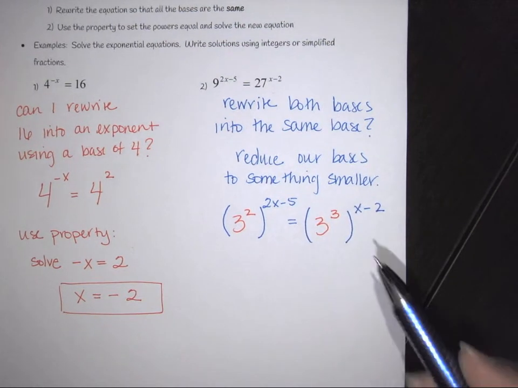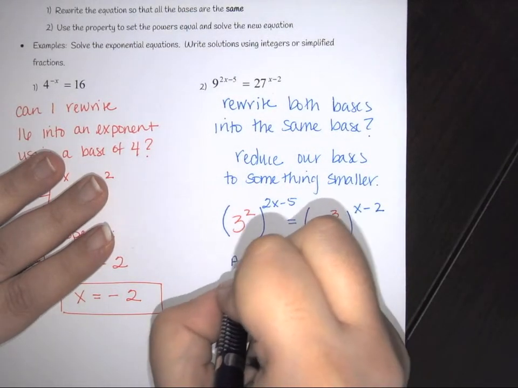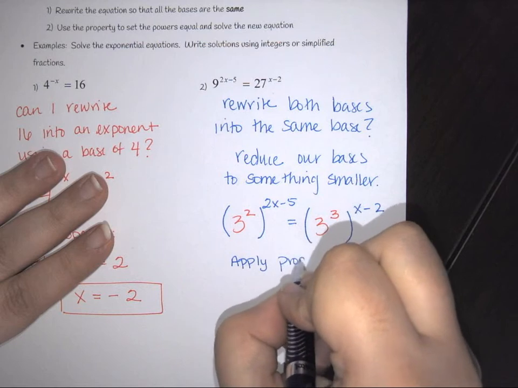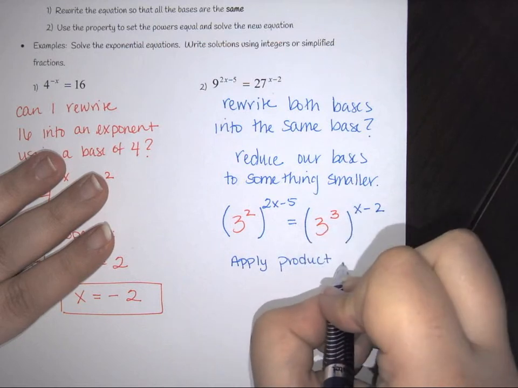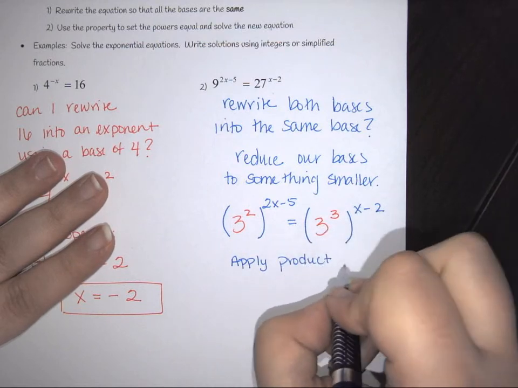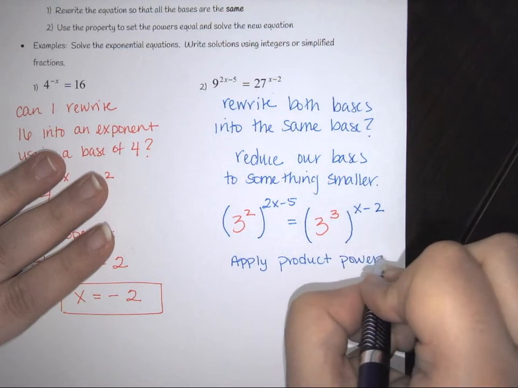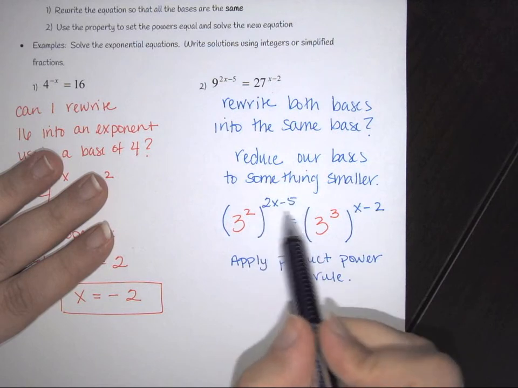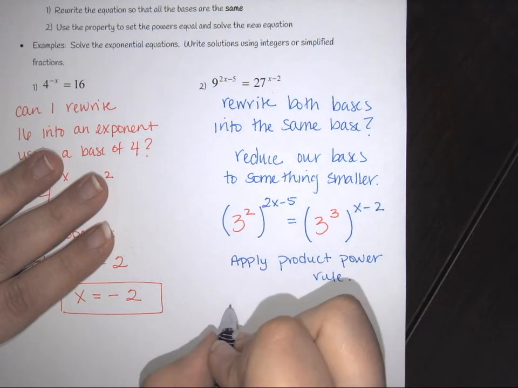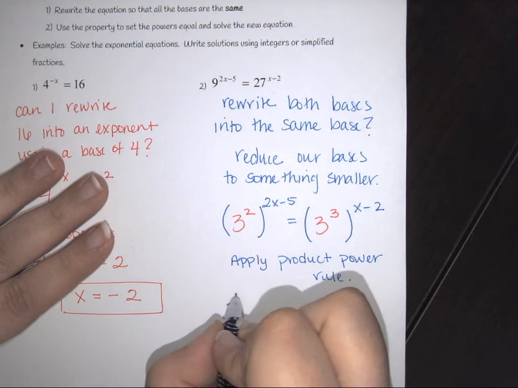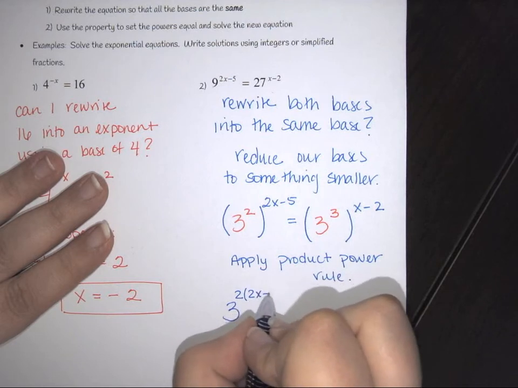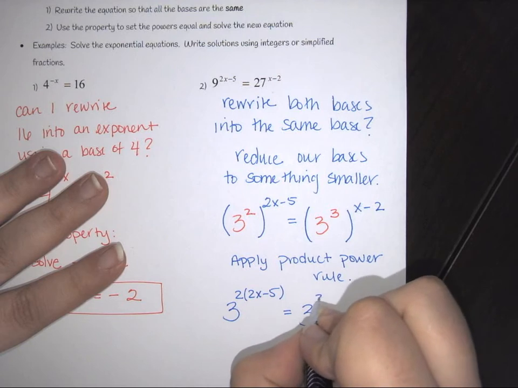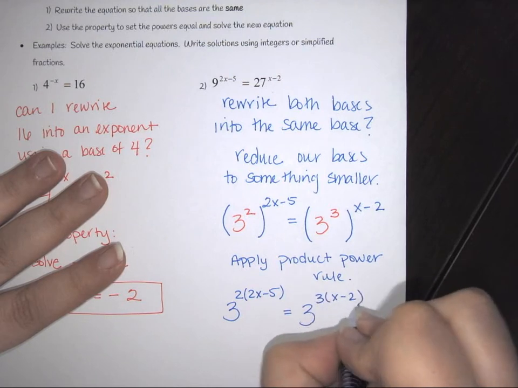Well, this means we now have to apply the product power rule. So I have to apply my powers together, which means this becomes 3 to the 2 times 2x minus 5 equals 3 to the 3 times x minus 2.